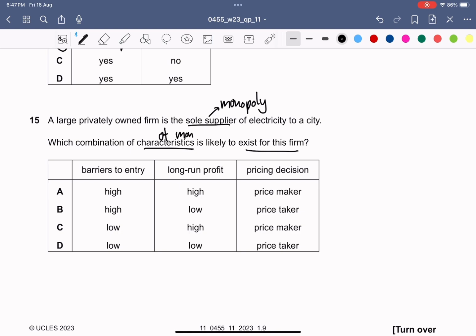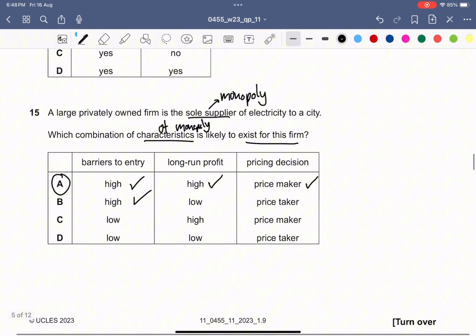So first, barriers to entry, definitely high, because a monopoly has high market share and is already very established. So small firms find it harder to join and sustain in the market. Long run profit, high, because there is no competition from other firms. Pricing decision, they are the price maker, because there's zero price competition, so they can charge whatever price they want. So the answer is A.